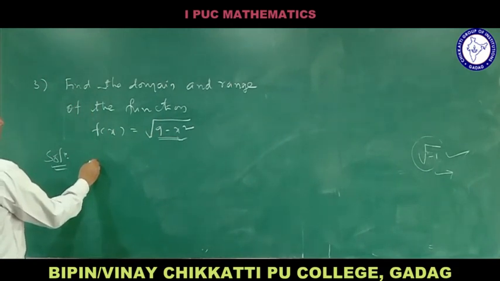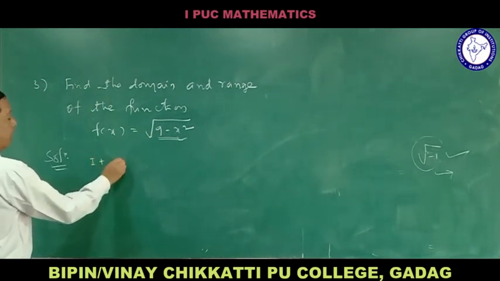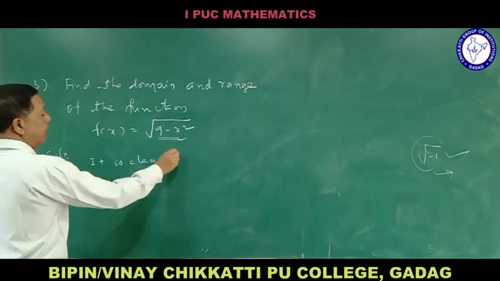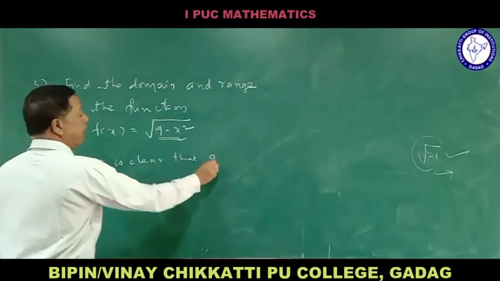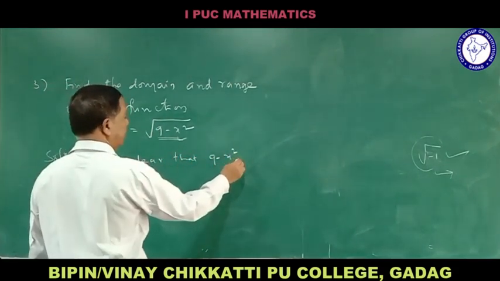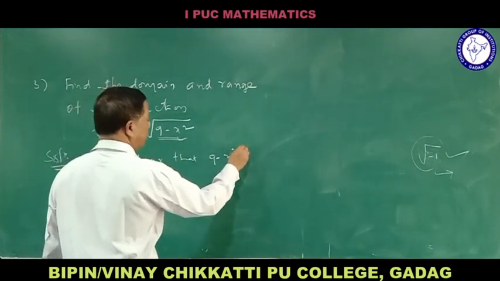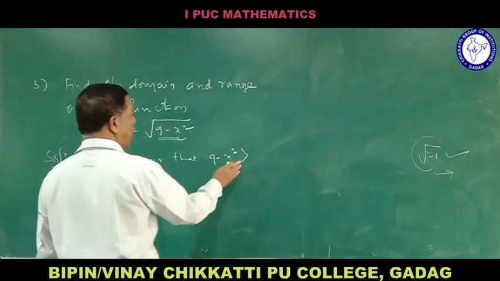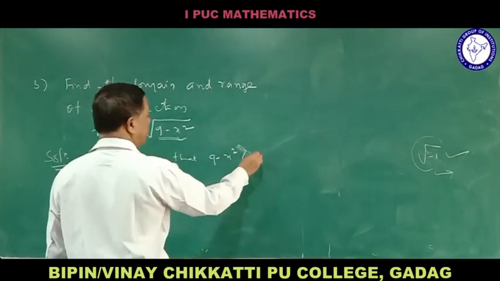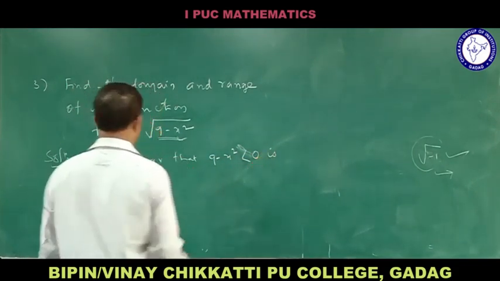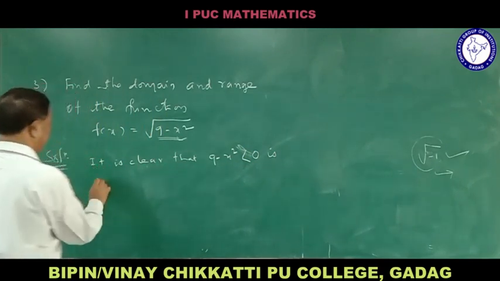So here it is clear that if 9 minus x square is less than 0, it is not defined.